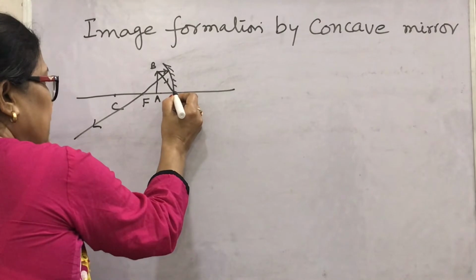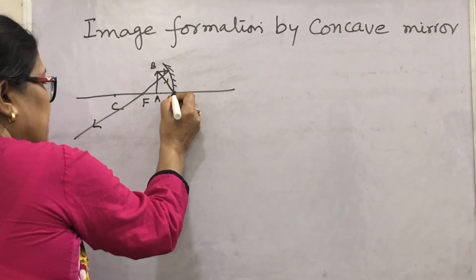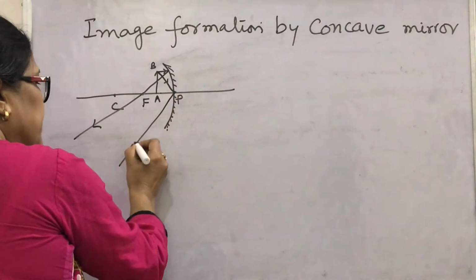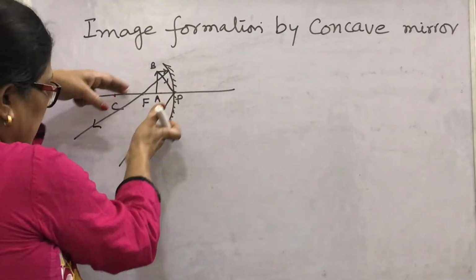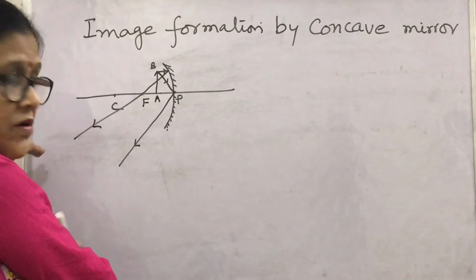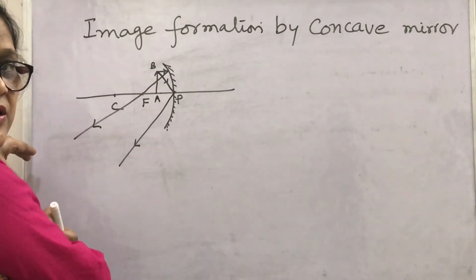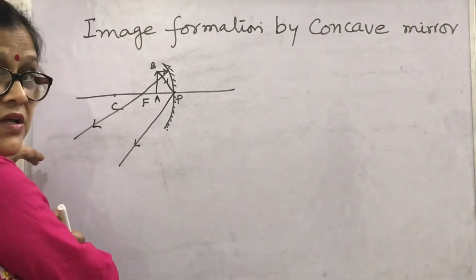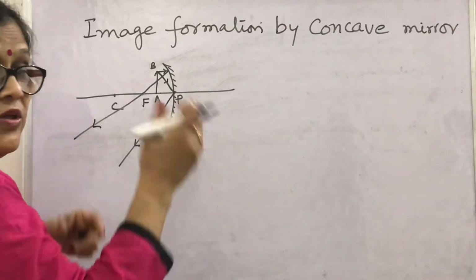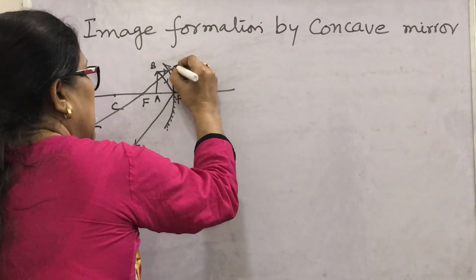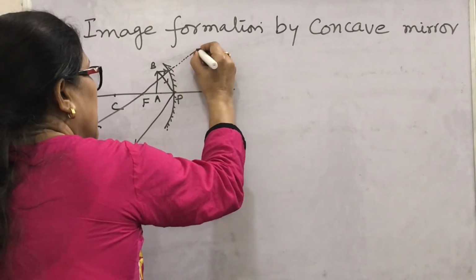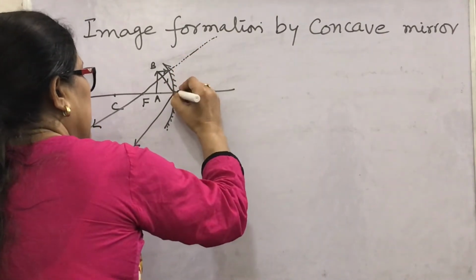So, at the same angle you reflect this ray. What will happen? They will diverge on increasing further, in front of the mirror. Then where will they meet? You have to extend back, like this.